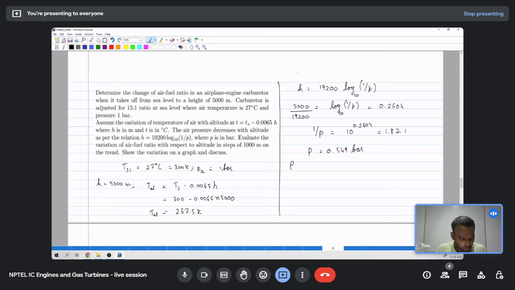You can calculate rho at sea level, which is P by RT, that is 10 power 5 divided by 287 into temperature 300 Kelvin.